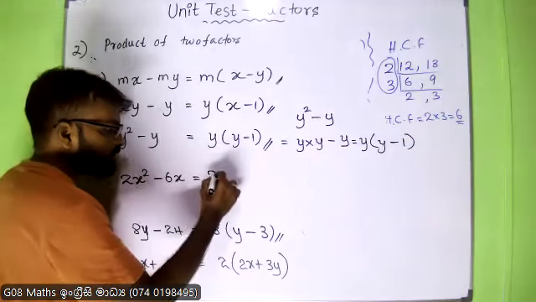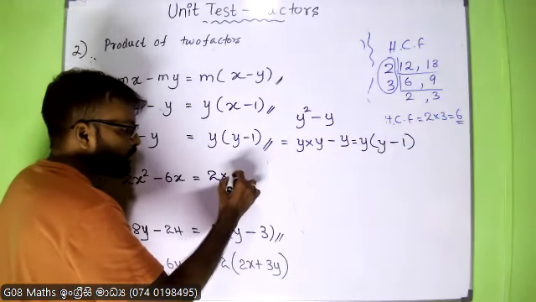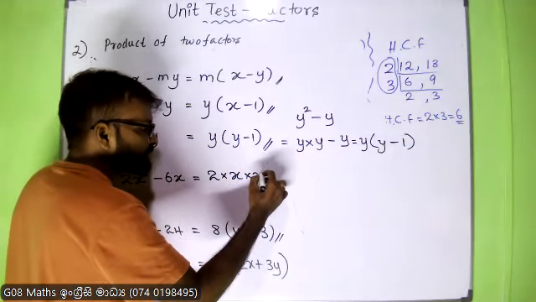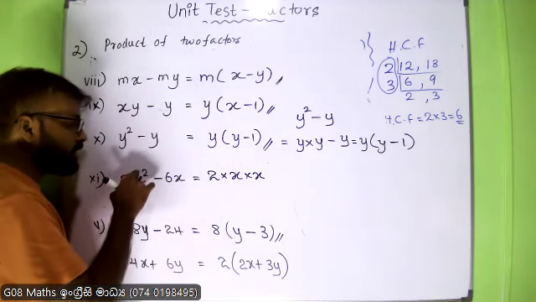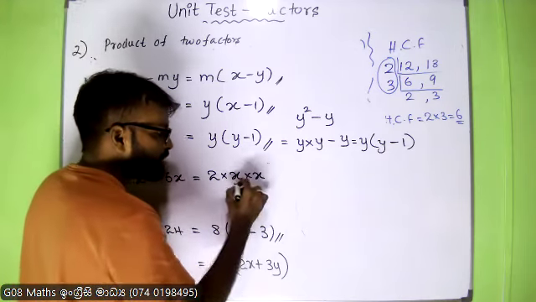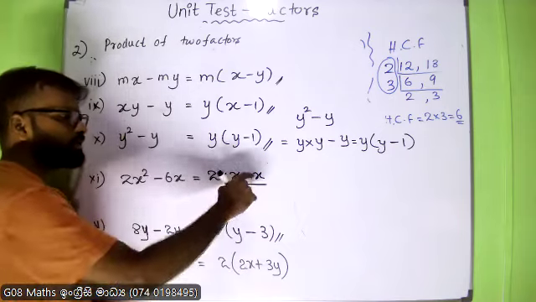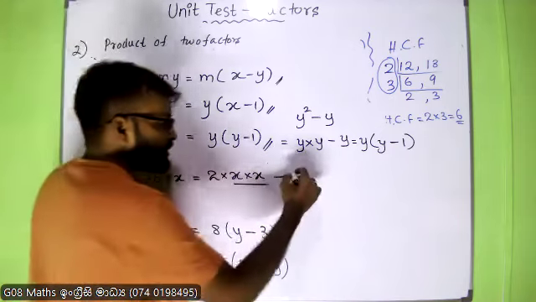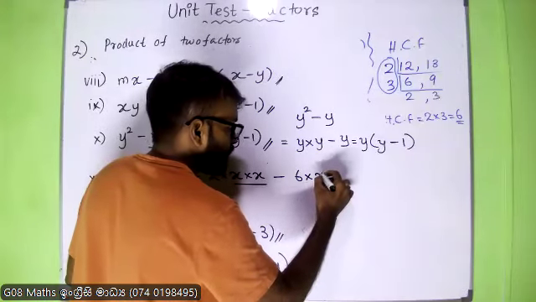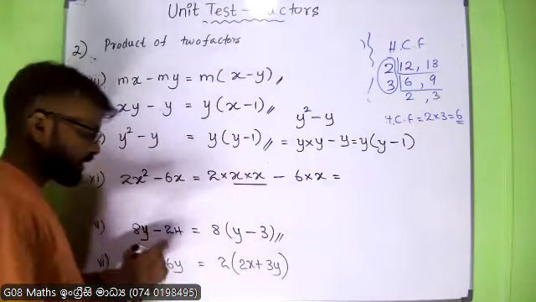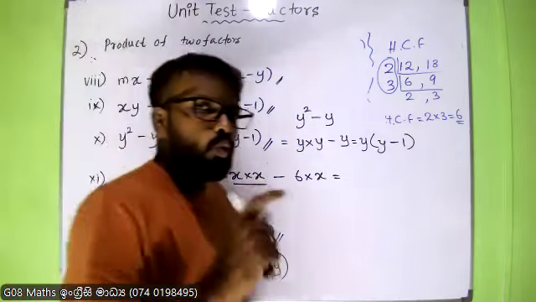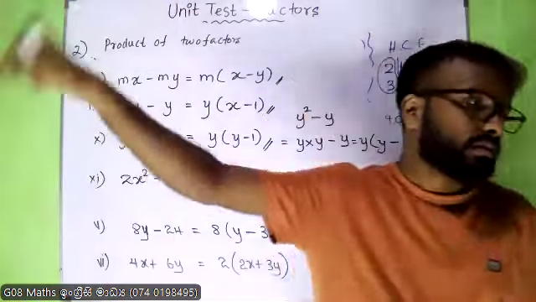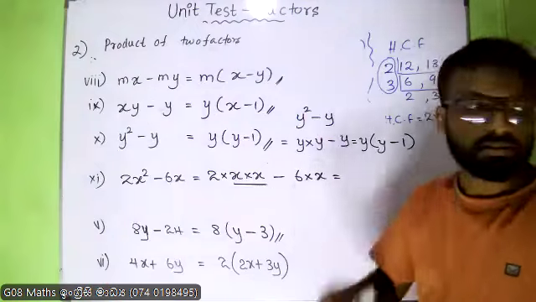So here, the first term is 2 multiplied by x multiplied by x. X squared can be written like this, x times x. Minus then 6 times x. Now, what are the common terms of this and this?